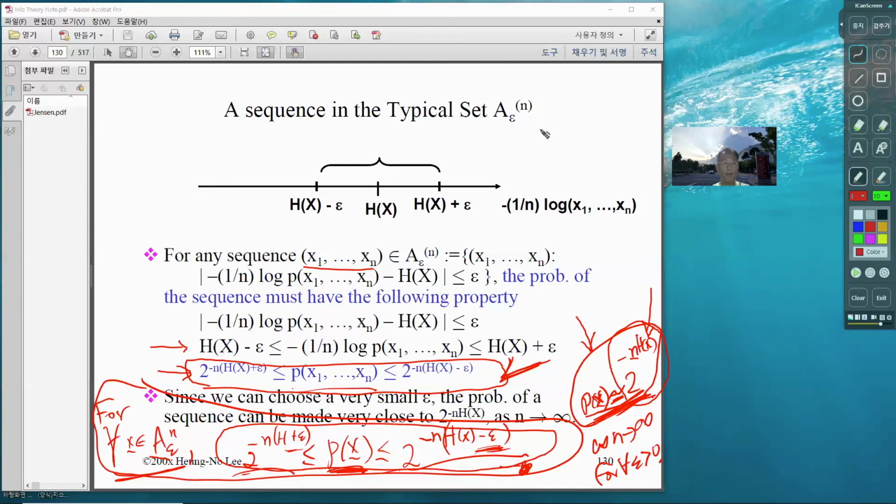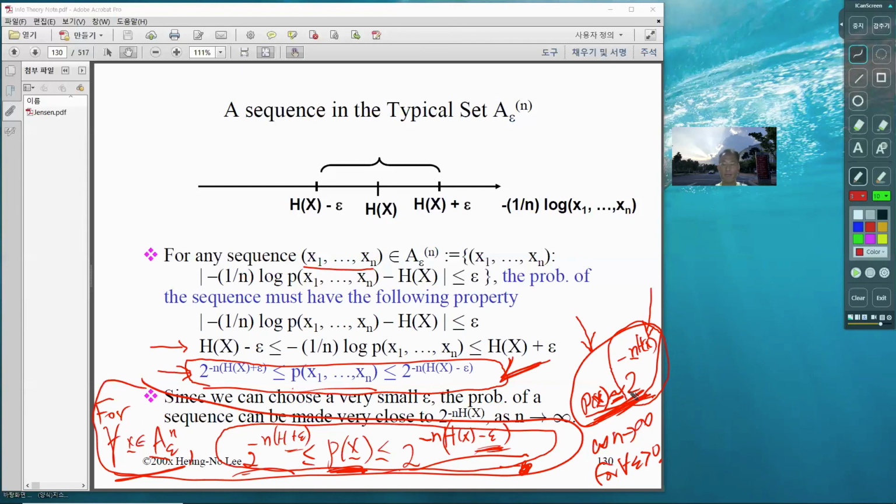That explains a little bit about the asymptotic equipartition property. Asymptotically, each sequence X in the typical set has the same probability of occurrence.